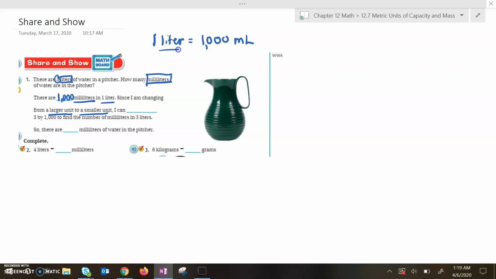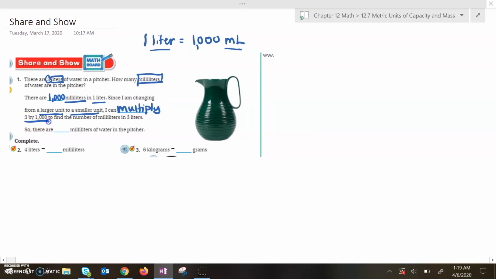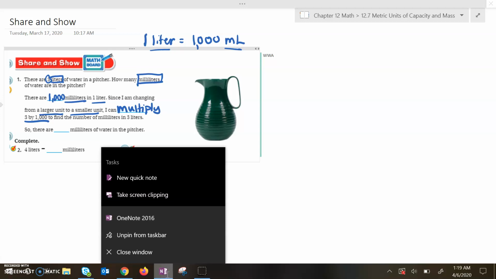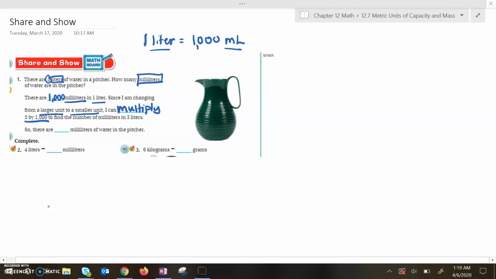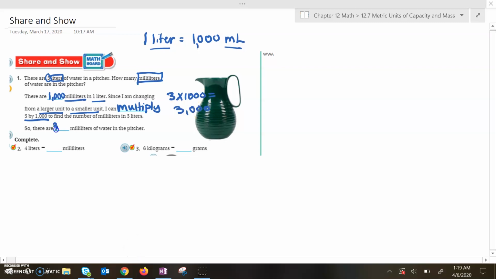So we're changing from liters to milliliters. So I can multiply 3 by 1,000 to find the number of milliliters in 3 liters. 3 times 1,000 would give us 3,000. We know that there are 3,000 milliliters of water in the pitcher.